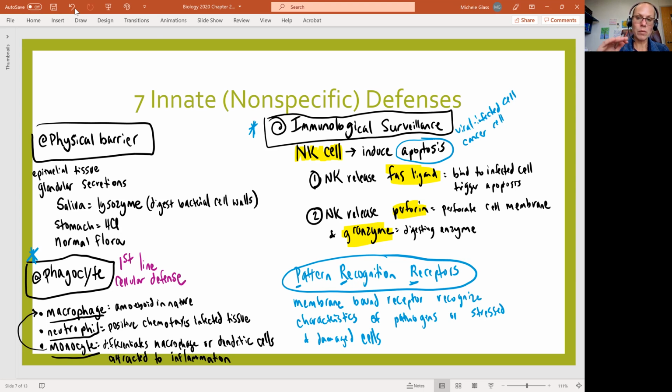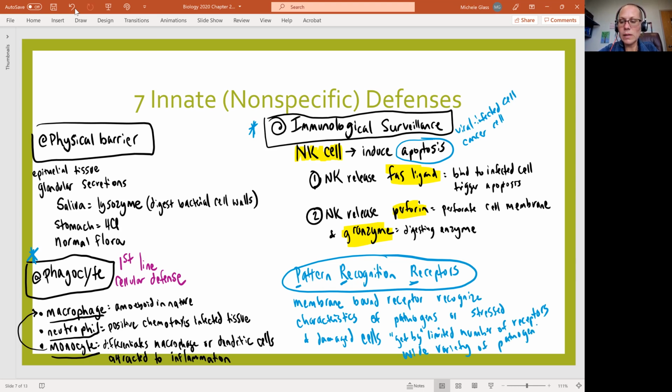And what we see is that in these cases, we're getting by with a limited number of these receptors, and they give us access to a wide variety of pathogens.